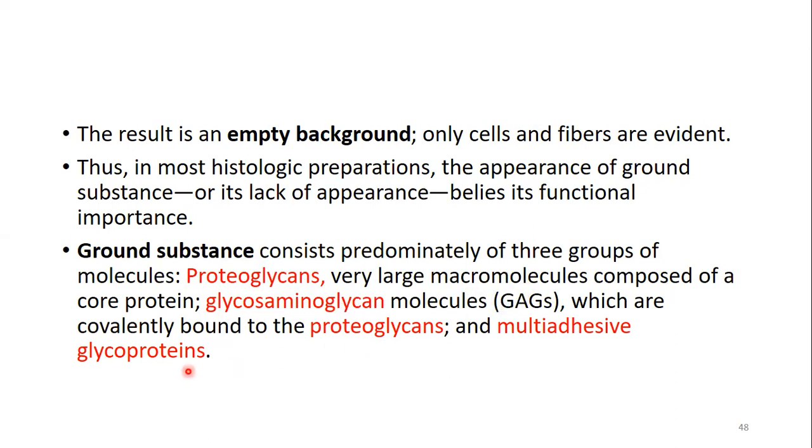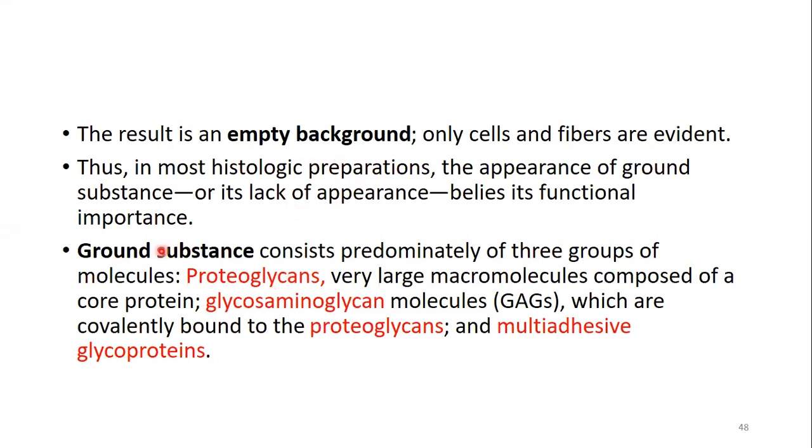Then lastly, it is formed by glycoproteins. So I've mentioned 3 substances that make up ground substance: proteoglycans, glycosaminoglycans, and glycoproteins. When these chemicals are produced by fibroblasts, they mix up and form ground substance.